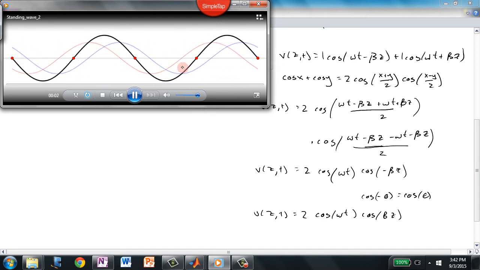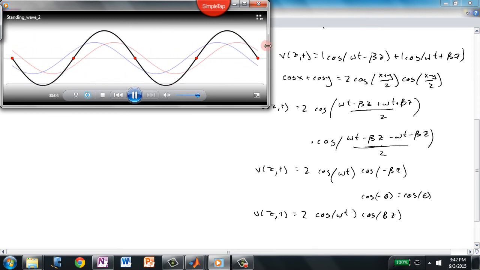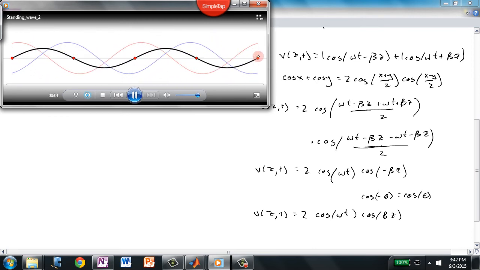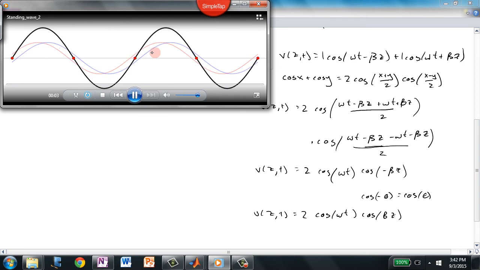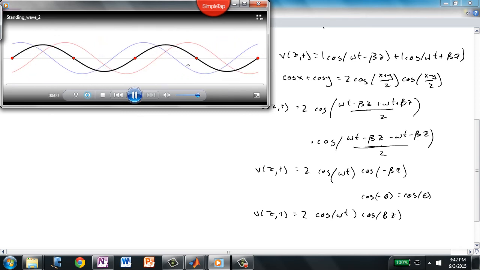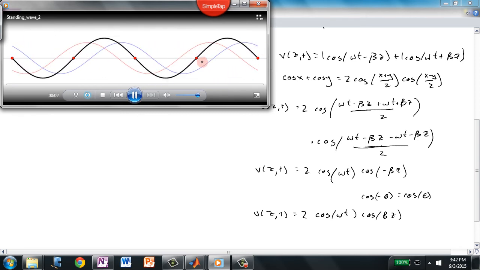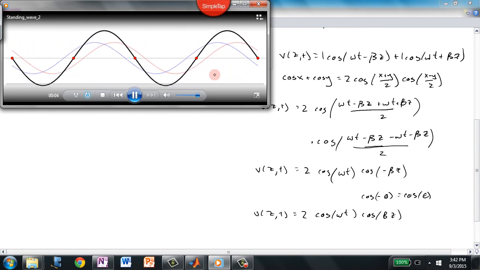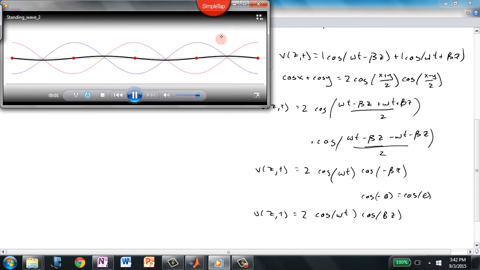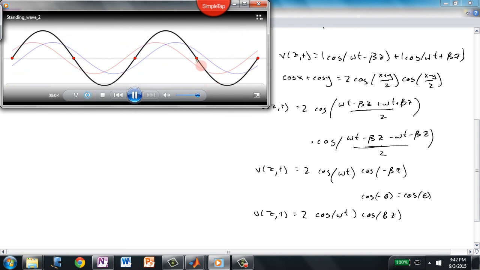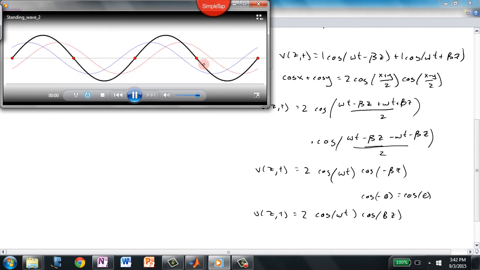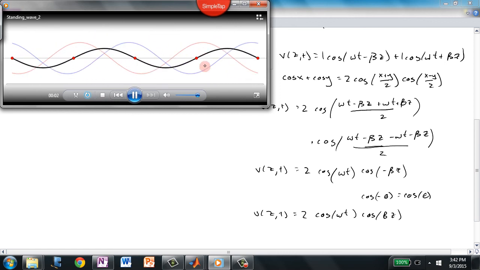We see the blue line traveling from left to right, and we see the red line traveling from right to left, and what happens with the black line is that it adds together, and we get this oscillation in space and time.